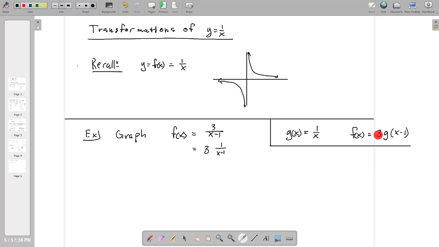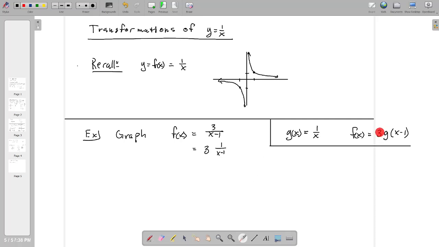So we're going to stretch vertically by a factor of 3, and we're going to shift 1 over x to the right 1 unit. Right? And if you remember, we stretch first, and then we shift. Now, stretching 1 over x is primarily done at the 1, 1 spot, because 1 over x intersects the points 1, 1 and -1, -1.